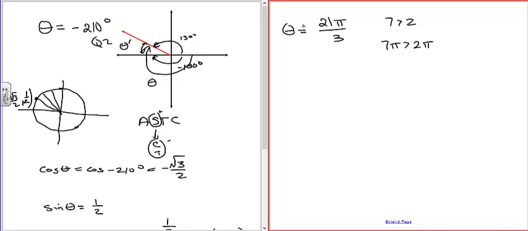So that means I have to figure out the coterminal angle between 0 and 2π. In this case you could simplify it first to 7π, but if you couldn't simplify it, then you would just leave the fraction.